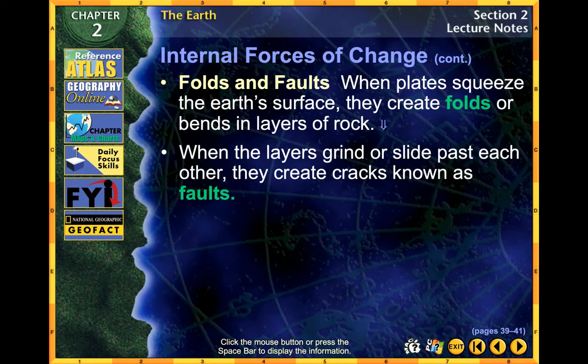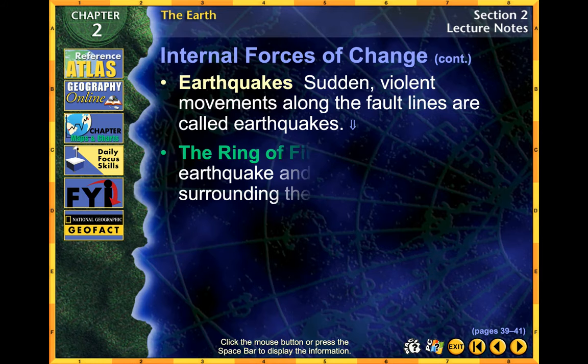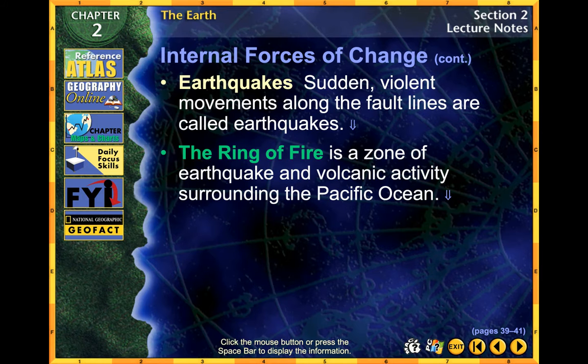Probably the most famous in the world is the San Andreas Fault, which is where a lot of earthquakes, especially the ones that affect California, originate from. And of course, this leads to earthquakes, which are sudden violent movements along the fault lines. And these can cause a lot of damage, and they will create these massive shifts in the earth. And that's really all an earthquake is: a sudden shift in the earth.